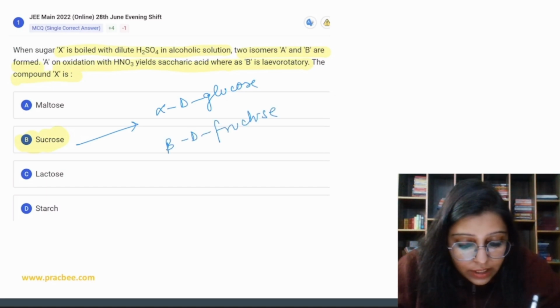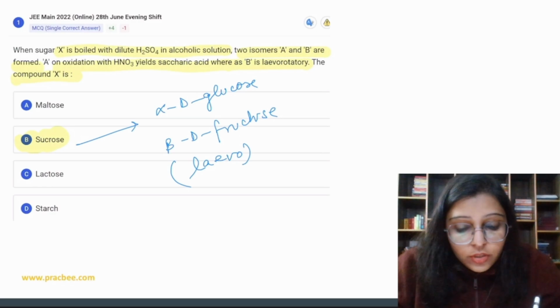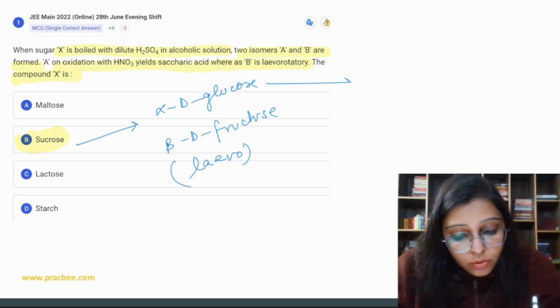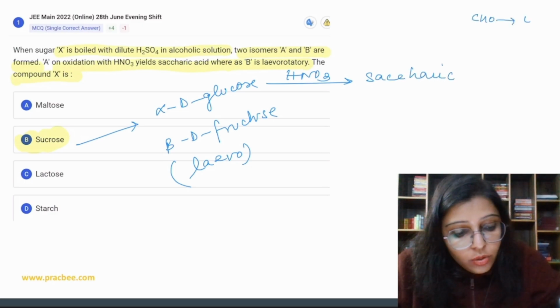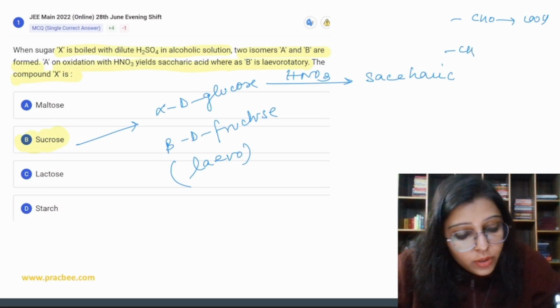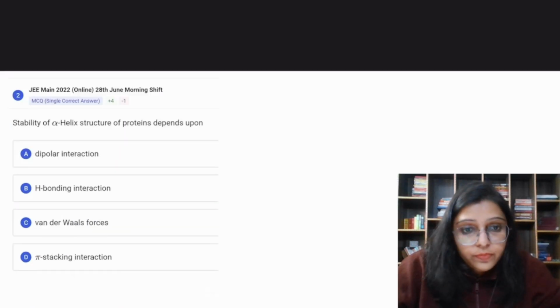And fructose is levorotatory. It rotates the plane polarised light to the left hand side. And alpha D glucose is the dextrorotatory. And we know that glucose on reaction with HNO3 forms saccharic acid. CHO is converted to COOH over here. Even CH2OH is converted to COOH. Okay. Now let's do the next question.